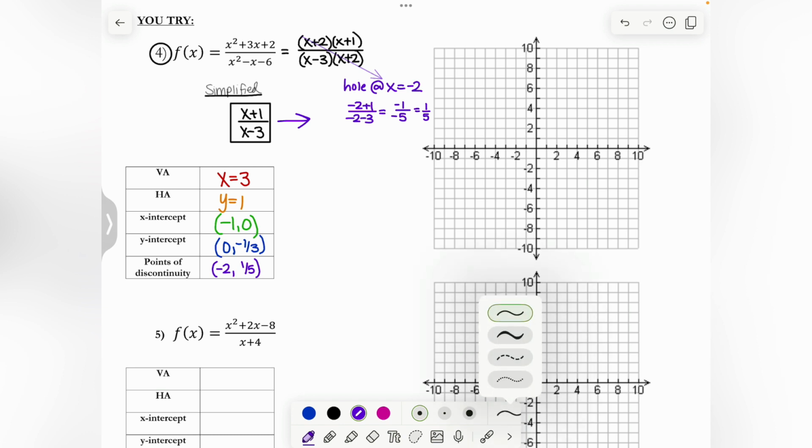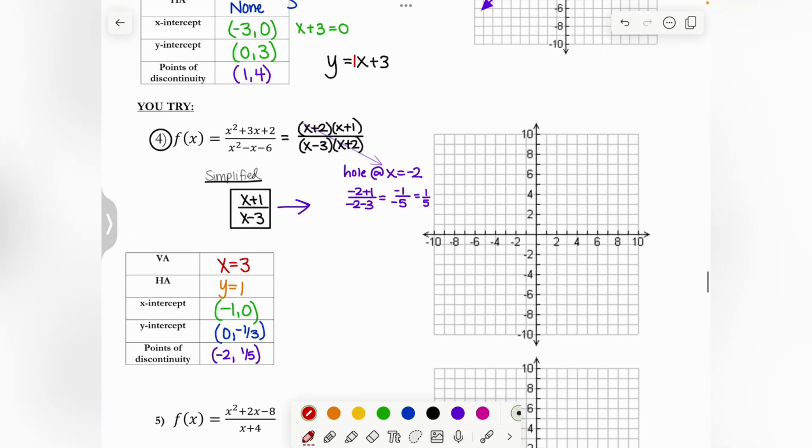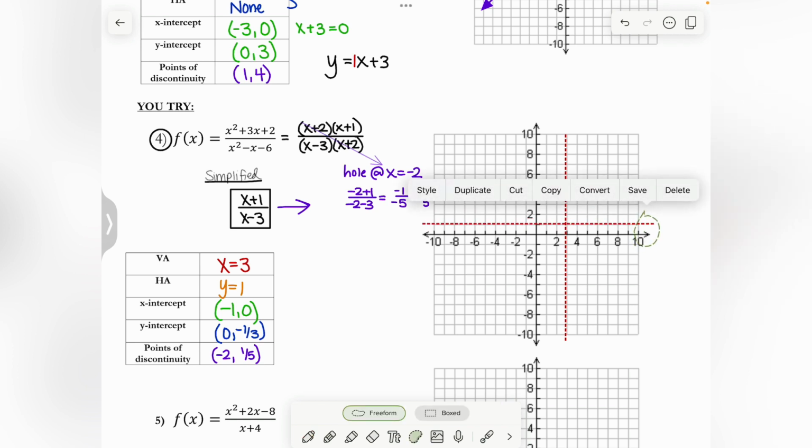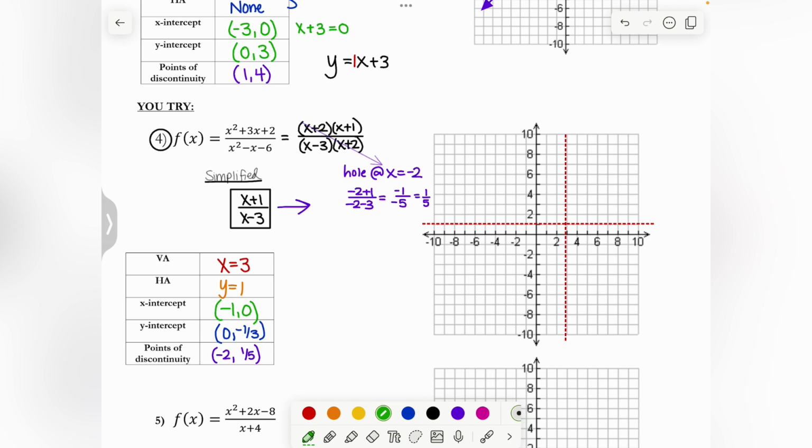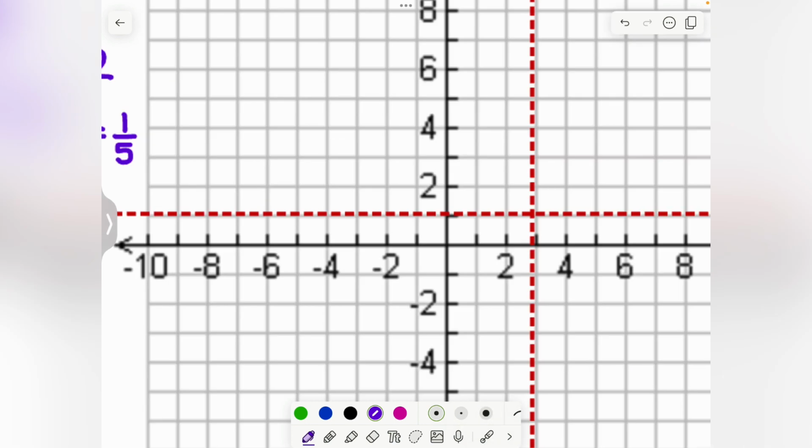This is fun. Okay, so we have x equals +3. We have y equals 1. We have an x-intercept at -1. Change that to solid, at -1.